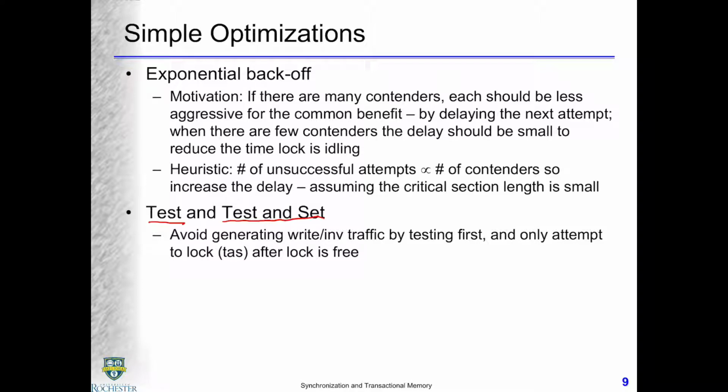And that's great. The only problem is when the current owner of the lock releases the lock, that's when a write happens. That's going to invalidate everybody, and everybody comes back in, reads a copy, possibly all reading the 0, and then possibly all try to test and set.